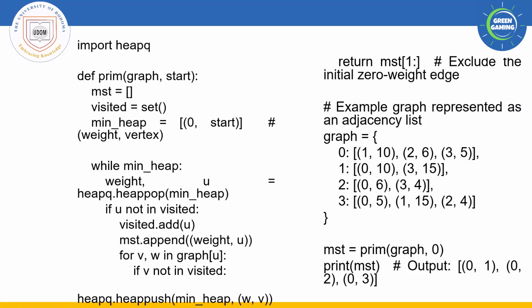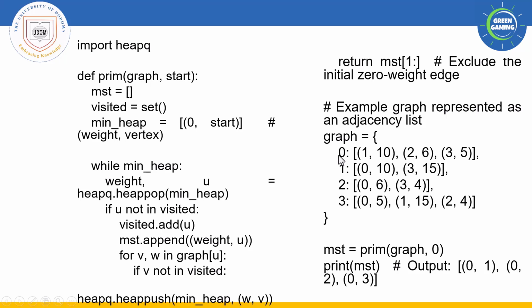So first, after initializing everything, we are doing our first iteration, right? So visit vertex 0, that's the first thing we do. After visiting vertex 0, add 0 to visited, so we add 0 to the MST.